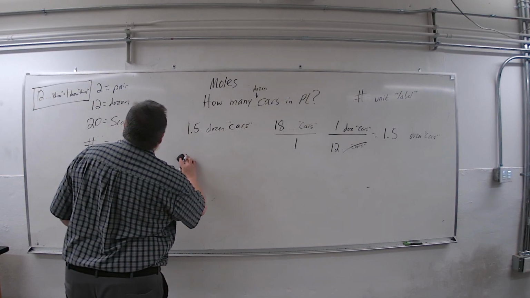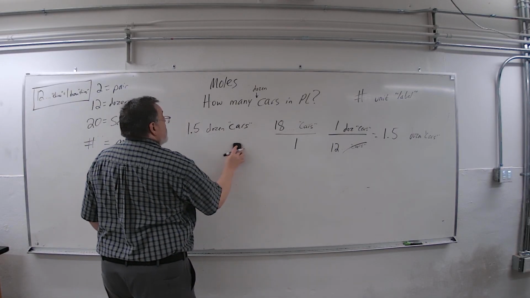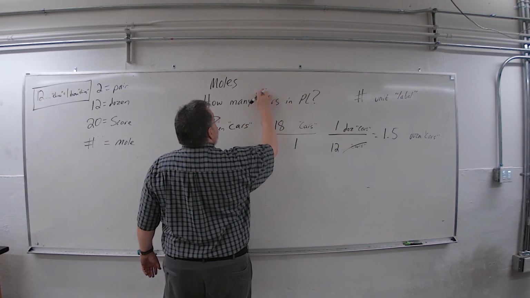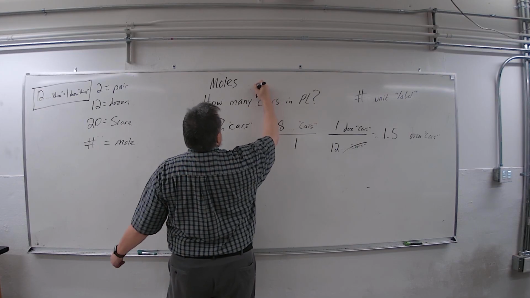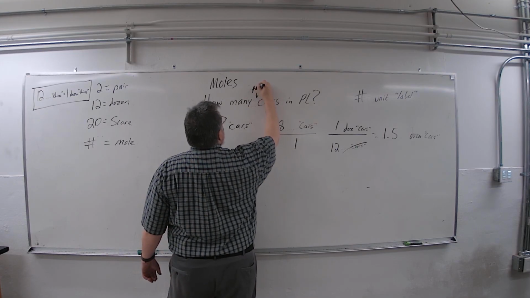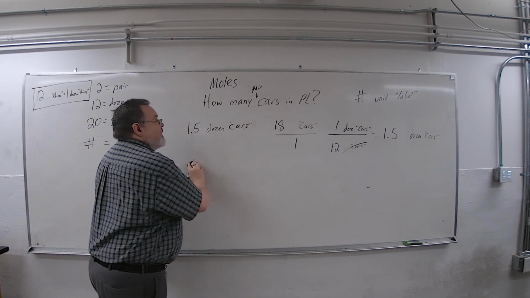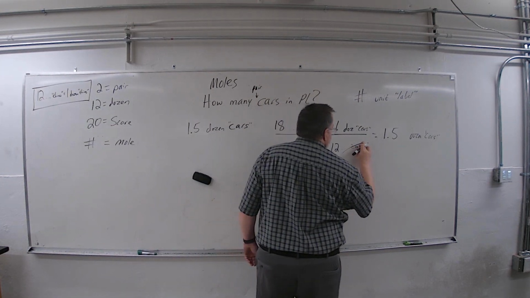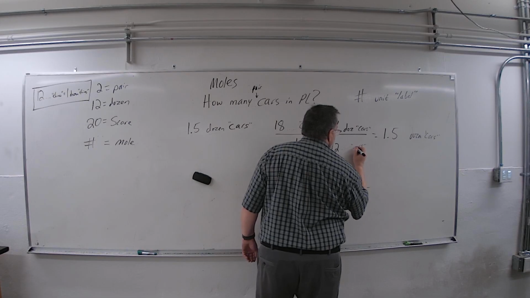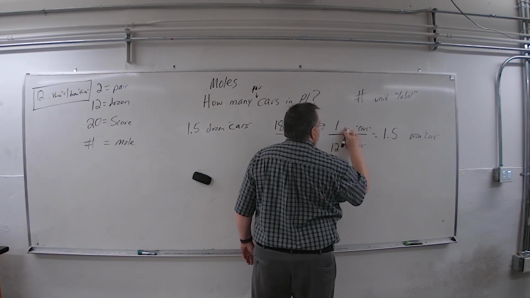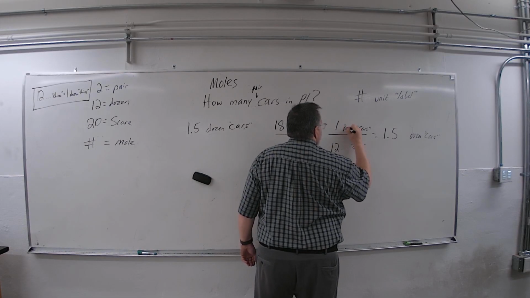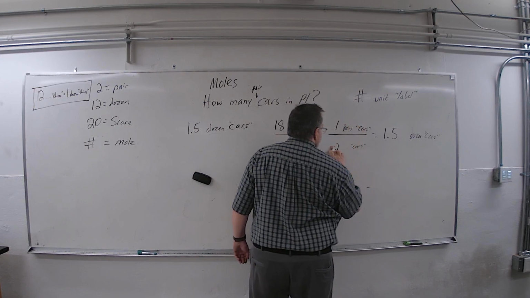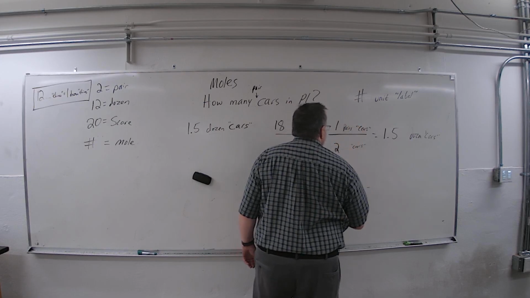Keep your intuition here. What if I said go out and count the cars, and I said instead of dozen, how many pairs of cars are in the parking lot? The only thing you changed here is now it's a 2.